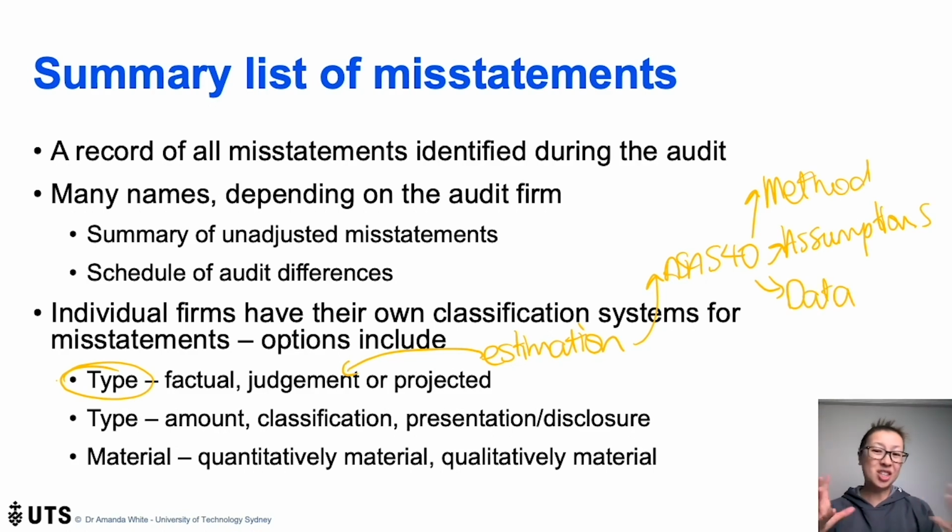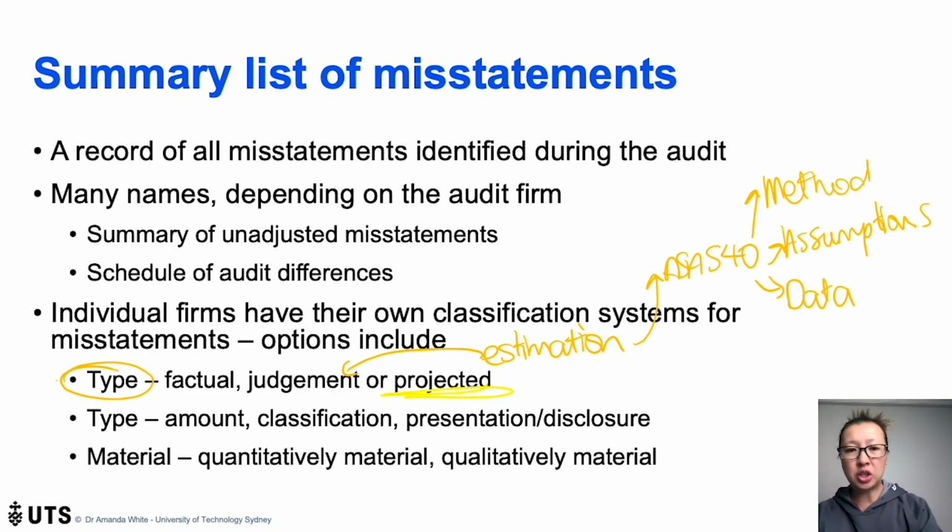So if it's a judgment and we're looking at fair value, for example, then we're going to need to make sure that we can say to the client, look, we don't agree with your method. Here's the best method. Or you've made the wrong assumptions. Or you've used data, but it might not be the best data to use for this question. So judgment.